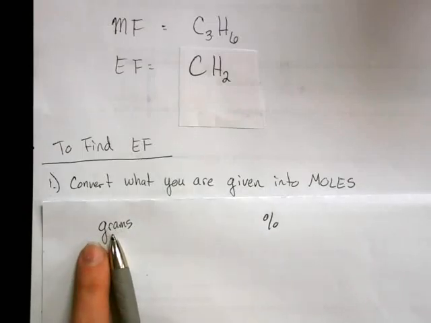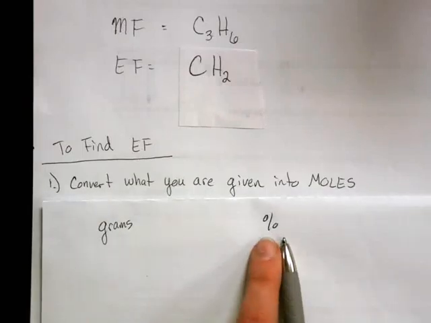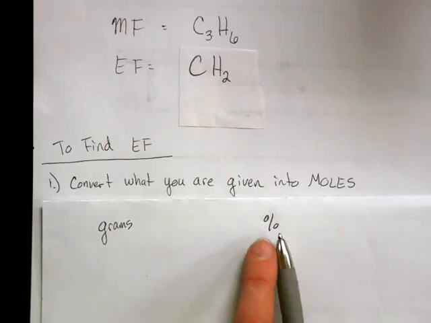Over here with grams would be something like your sample contains 6.5 grams of carbon and 8.9 grams of hydrogen. We would convert both of those into moles. If it gives you a percentage, it might say something like 75% is carbon and 25% is hydrogen.